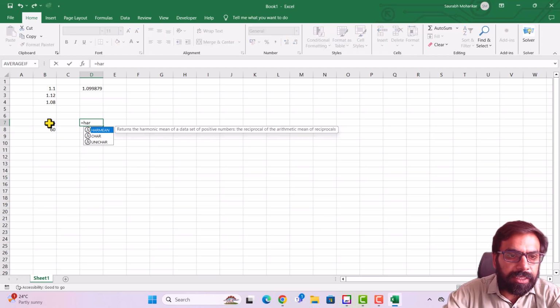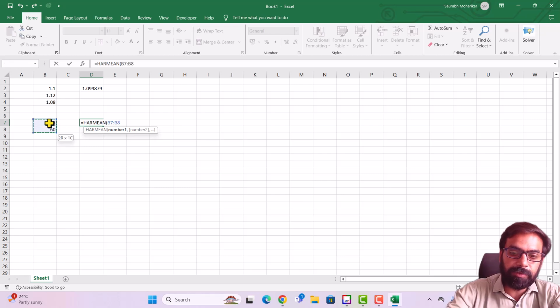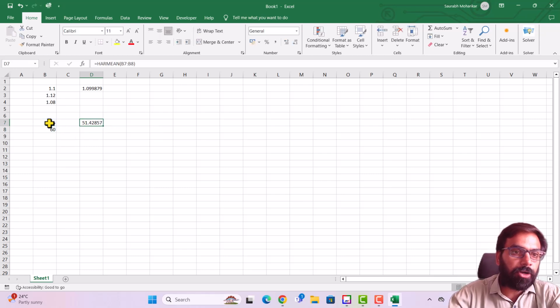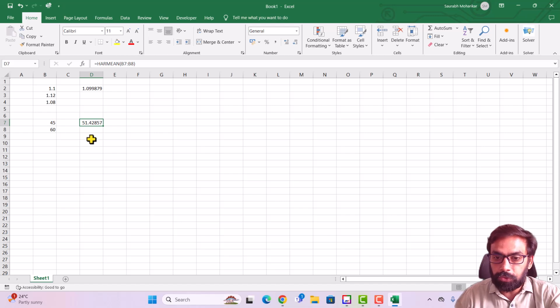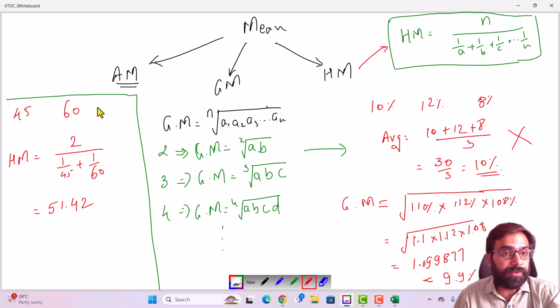Yes, there is. I'll calculate the harmonic mean of these two and it'll come out to be 51.42. Again, if I take the straight average, 60 plus 45 is 105, divided by 2, the average comes out to be 52.5.